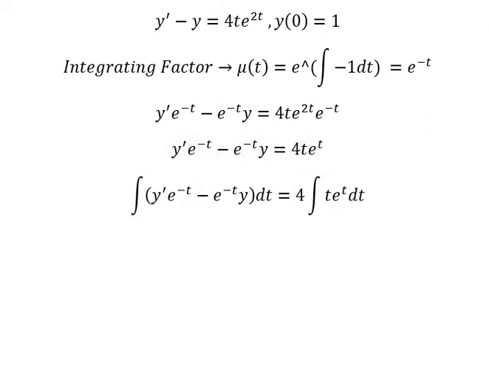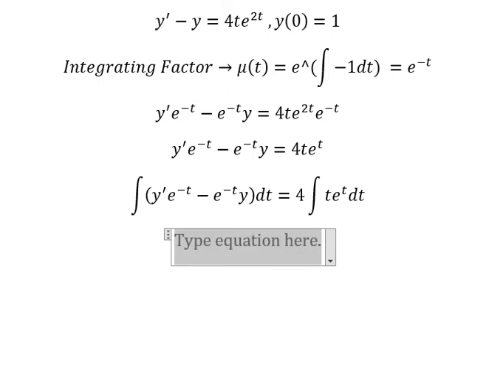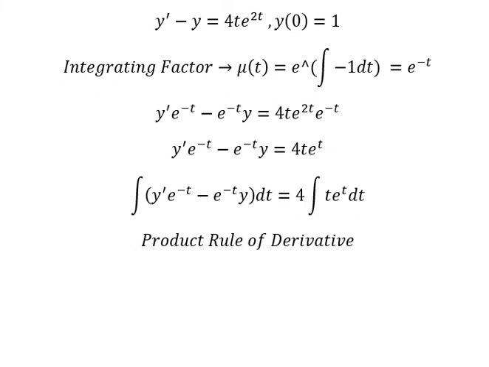So we can apply the product rule of derivatives. We know that the first derivative of y equals the first derivative of u multiplied by v, plus the first derivative of v multiplied by u.